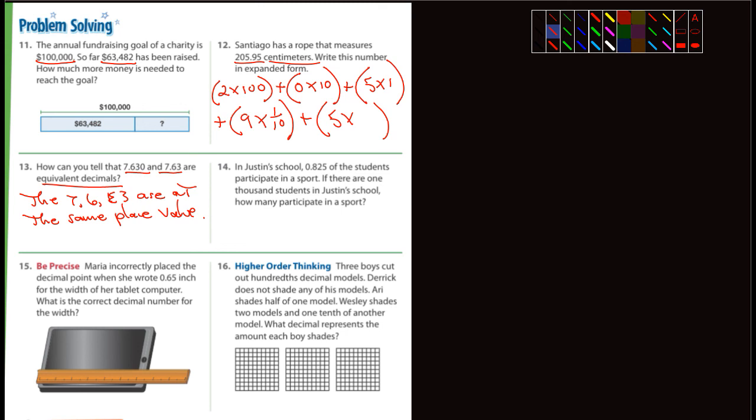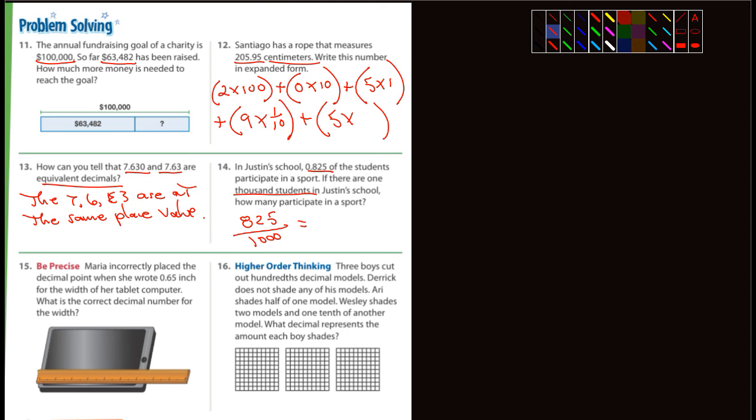Number 14, in Justin's school, 0.825 of students participate in a sport. If there are 1,000 students in his school, how many participate in a sport? So 825 over 1,000.